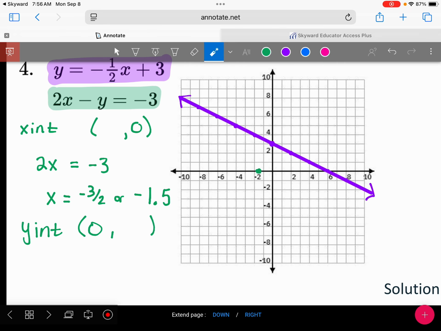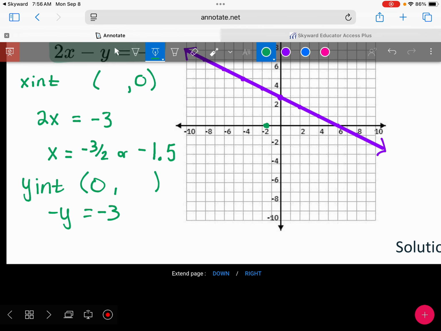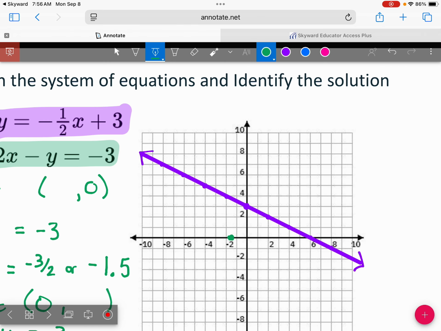Well, if x is 0, 2 times 0 is 0, we get minus y equals minus 3. So we divide both sides by negative 1, and we're going to get that our y equals 3. Y equals 3 is going to be right here.